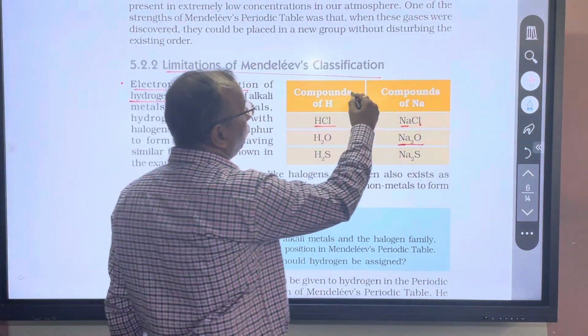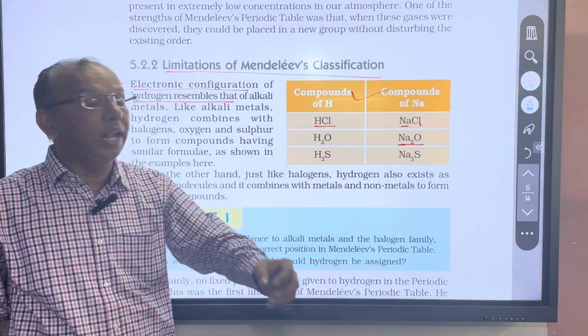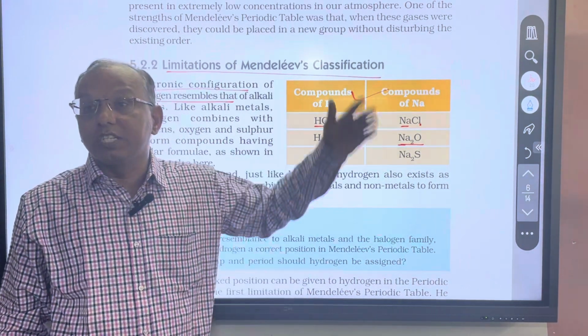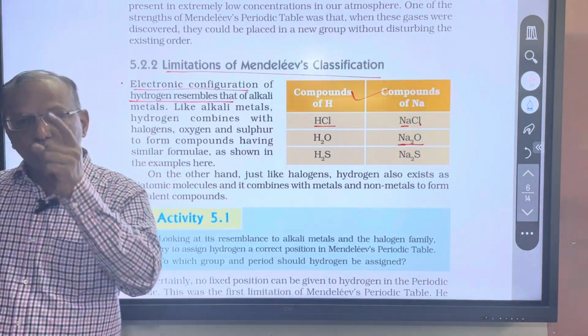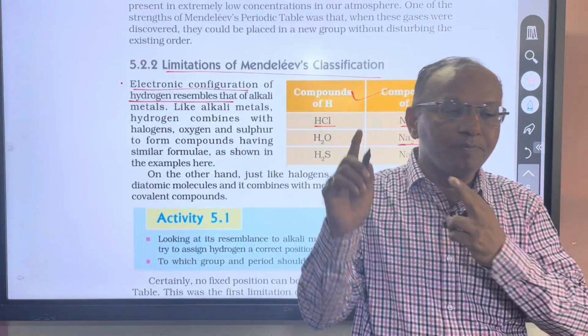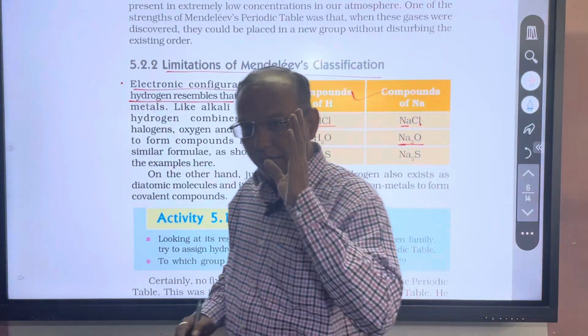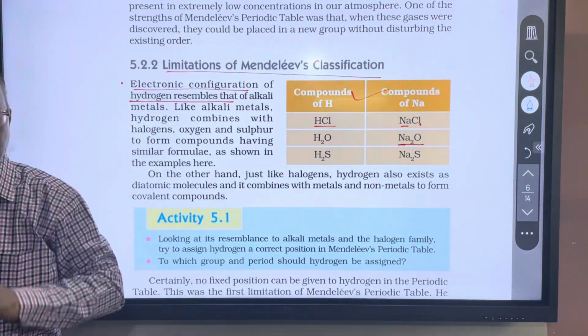So we can conclude from this table that hydrogen is just like a group 1 element because its chemical reactions are also similar to group 1 elements. So two points, chemical properties as well as electronic configuration, are in favor of placing hydrogen in group 1.